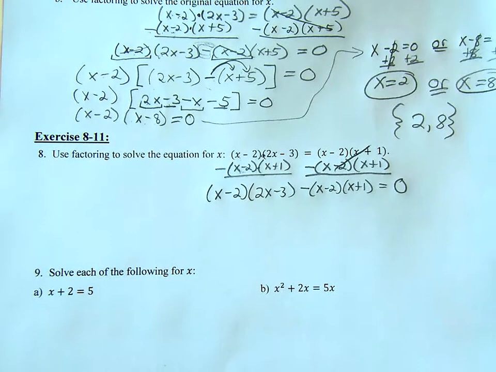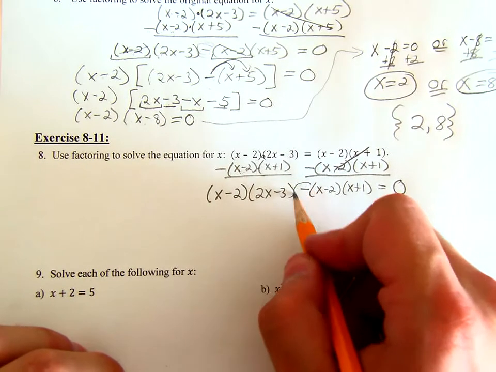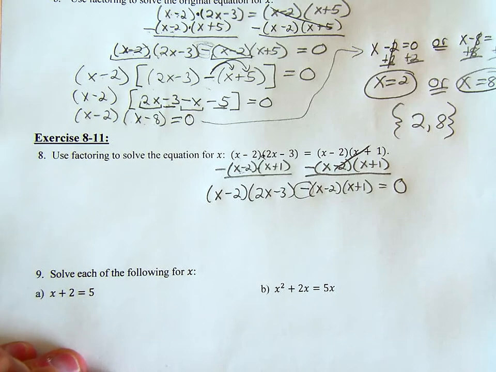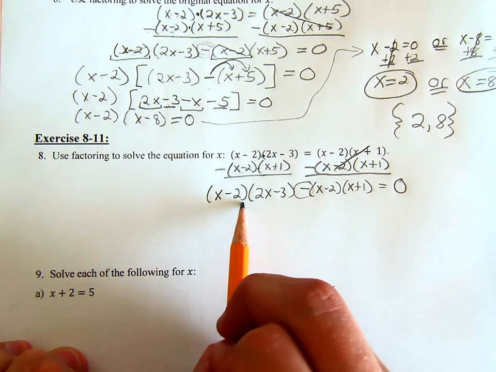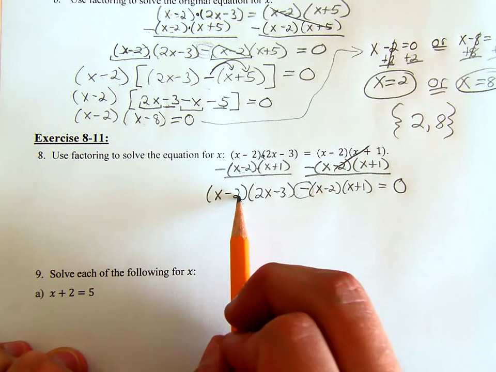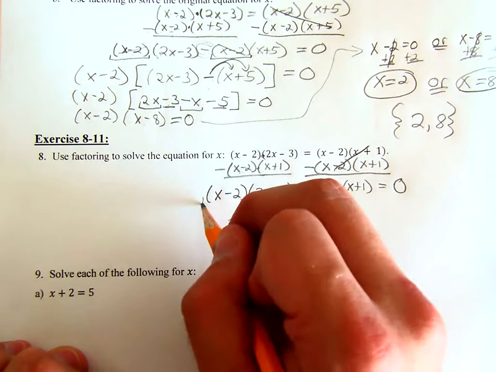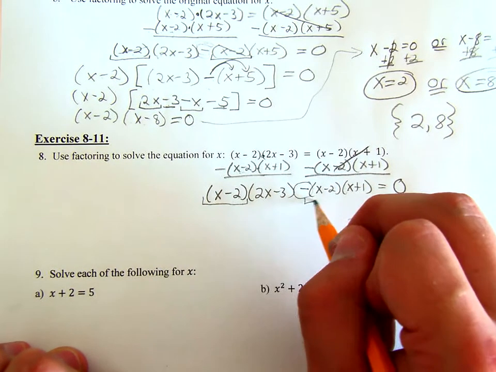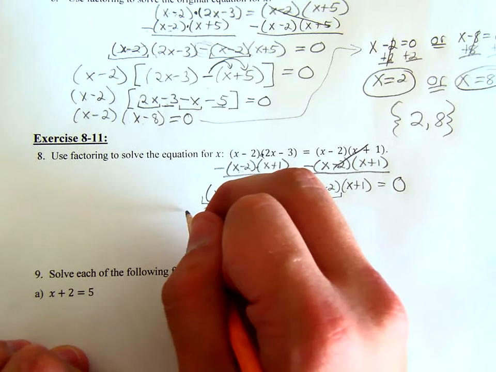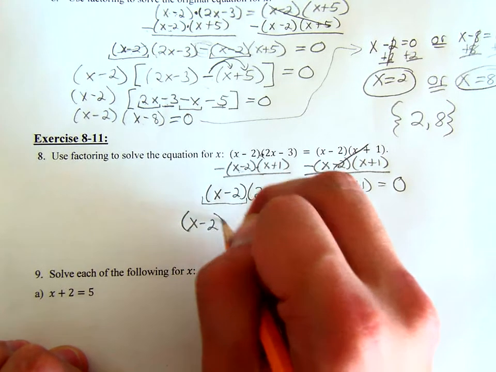So now we have to look and see, do we have multiplication in the middle? No, we have subtraction. So if we have subtraction or addition, we're going to have to factor. What's common between these two terms? This x minus 2 and x minus 2 is common in both. So we're going to have to factor out an x minus 2.